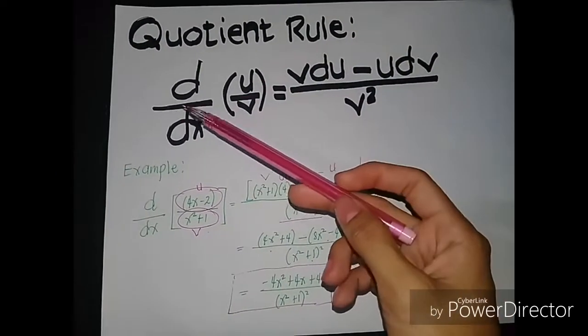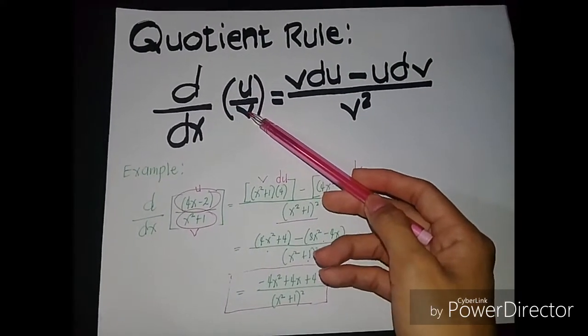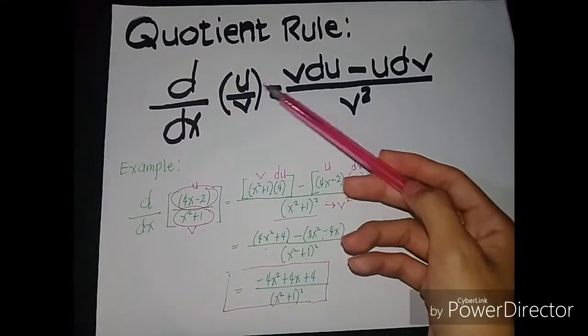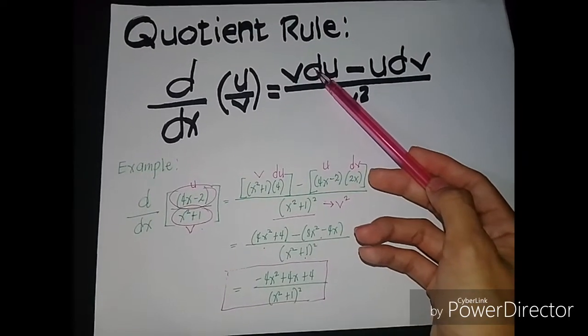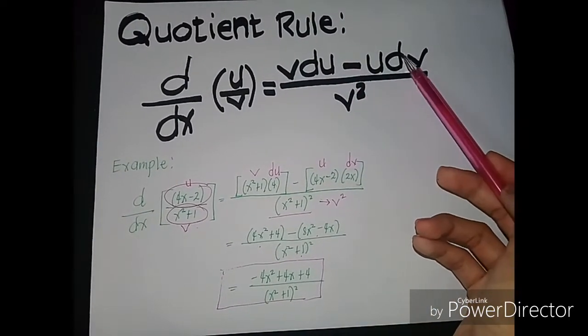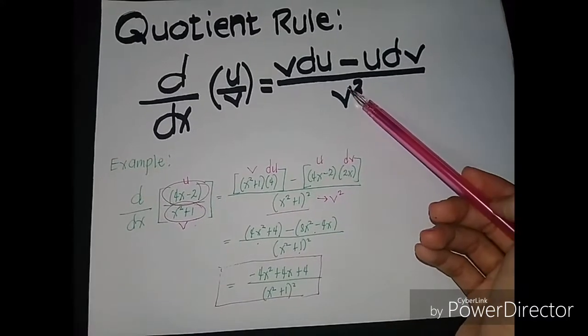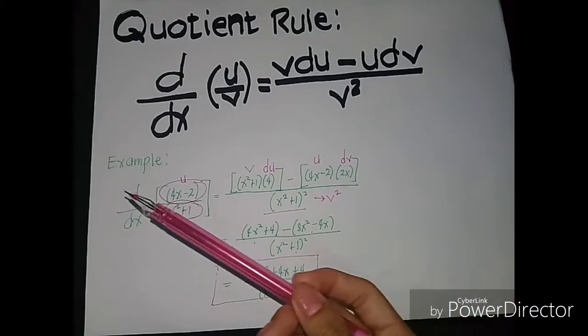For the quotient rule, we have the derivative of u over v all over derivative of x equals v times derivative of u minus u times derivative of v all over v squared. We have here an example.